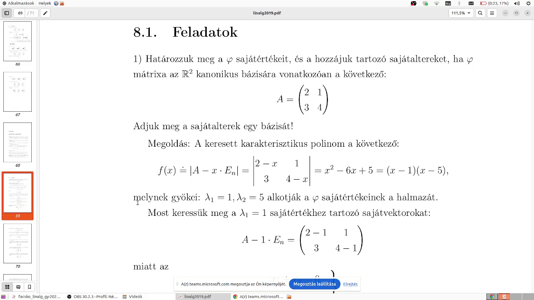Okay. Let's have this matrix. I am looking for the eigenvalues and the eigenvectors, and give a basis.